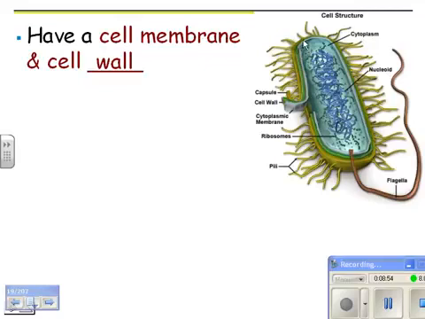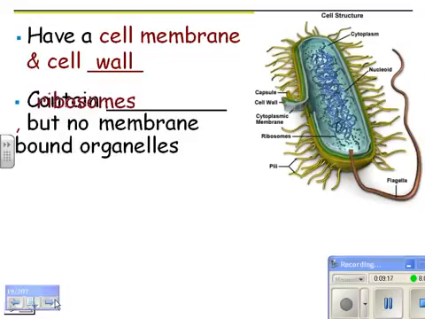The darker green thing is the cell wall. And then this thing is a capsule. Some of them have capsules. It's usually a polysaccharide capsule, and that might protect it against you, actually. And then there are some other structures on it like a flagella or pili, but they really are very, very simple compared to the cells that make up you.